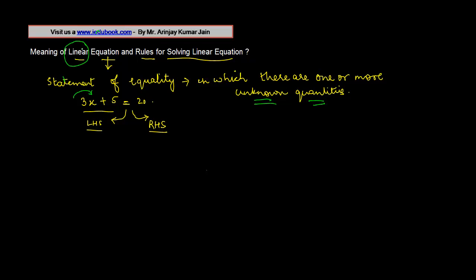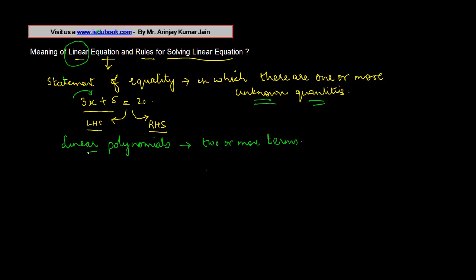Coming back to linear equation, what is a linear equation? A linear equation is the one which has only linear polynomials. If you recall, polynomials is basically an algebraic expression which has two or more terms, right?